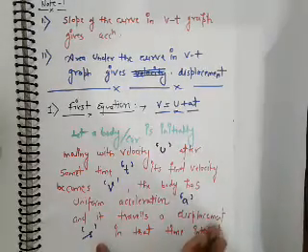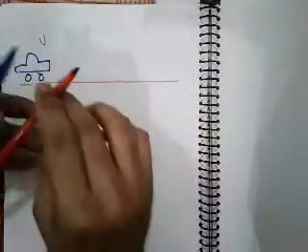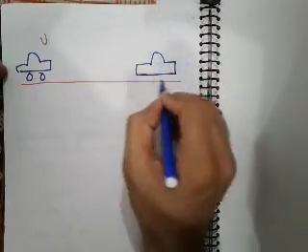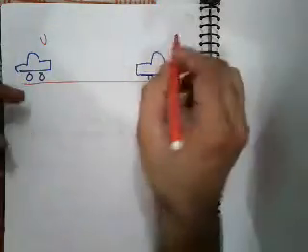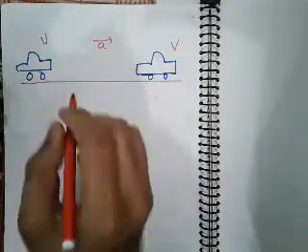So I'm going on to the next page, as shown in the figure. You can just assume a figure like this: a body or car, whatever you want to assume, a car which is initially moving with some velocity u. After some time it gains some velocity. The final velocity of the car is v, because the car has a uniform acceleration a.